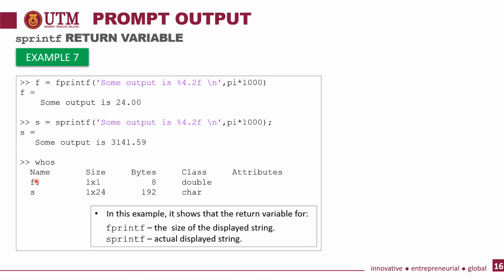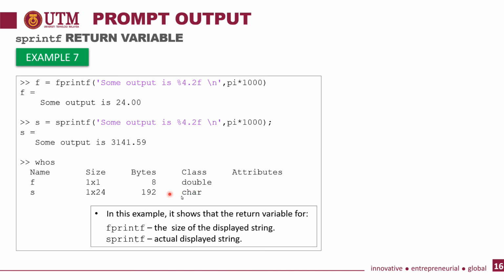You see here the variable f, which refers to Fprintf, returns a value of type double, which directly refers to the variable that we actually wanted to show. But for Sprintf, which refers to the variable s, it will store the data type of character.